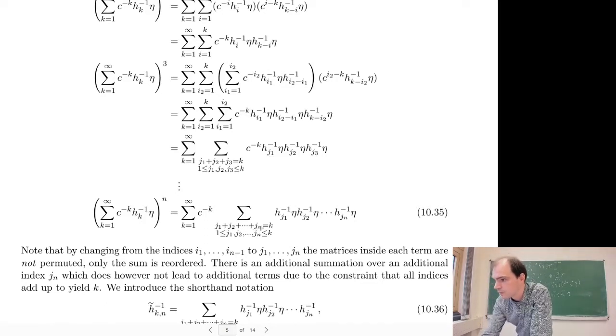Those are our additional indices that we need to sum over, where those j's all add up to the number k, and they all must be between 1 and k. And then you get this expression where you have an alternating product of an inverse of H with a certain index, the Minkowski matrix, inverse of H, Minkowski, and so on, n times.